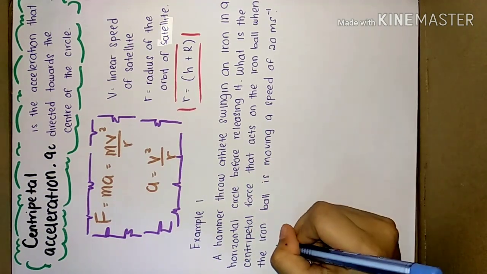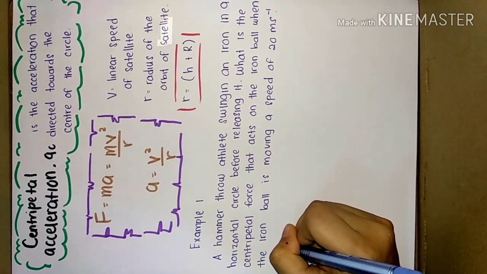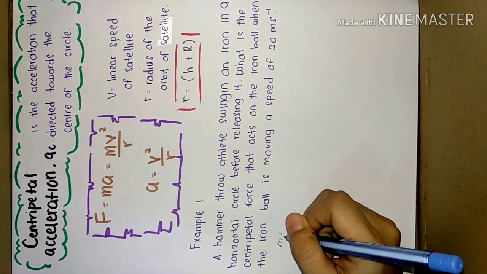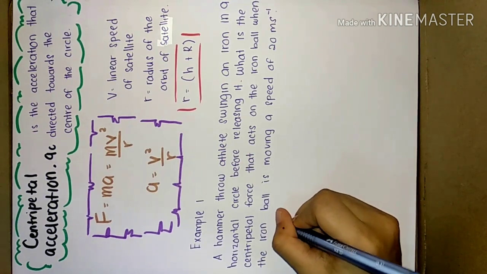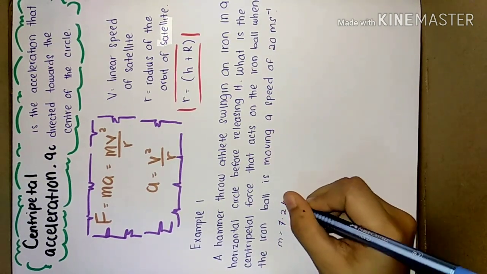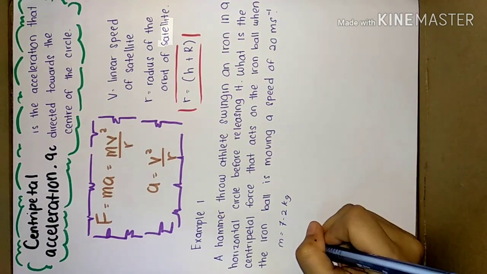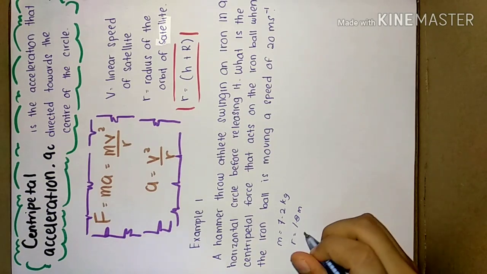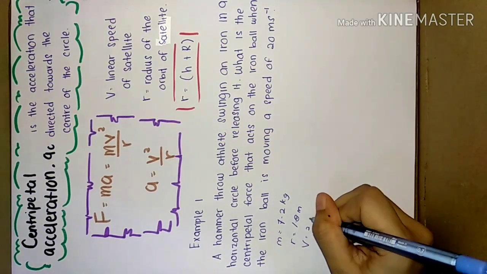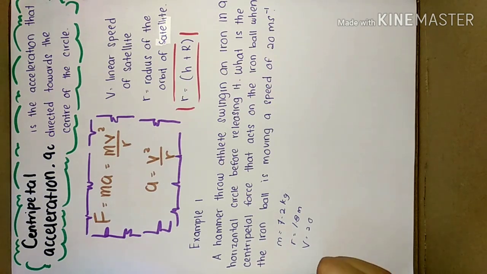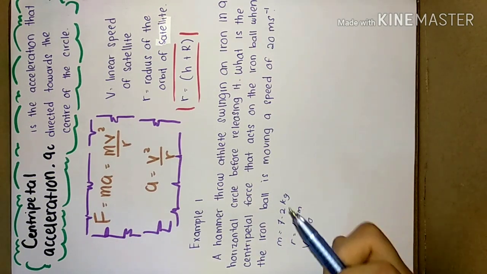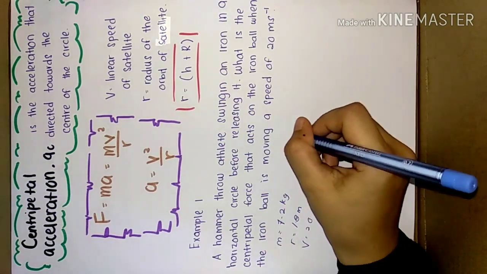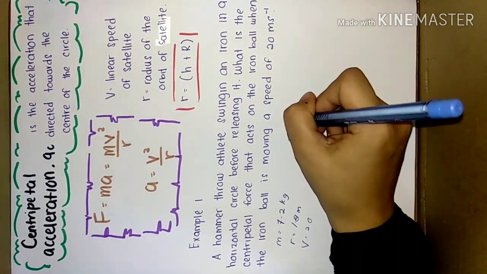First, we have a mass for the iron ball, which is 7.2 kilogram, and a radius of 1.8 meter, and the question also gives a velocity of 20 meters per second. They ask us to find the centripetal force that acts on the iron ball. The first formula we have to use is F equal to.